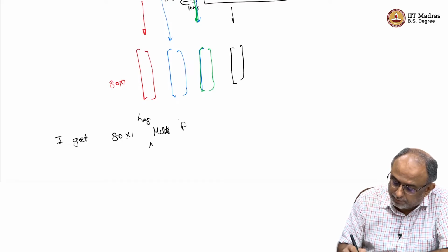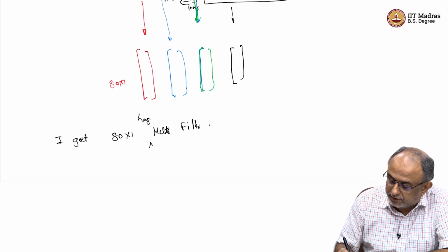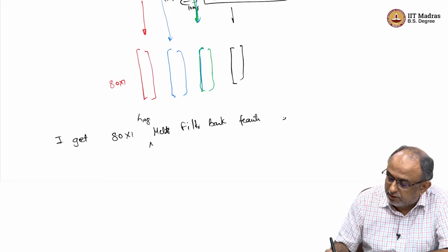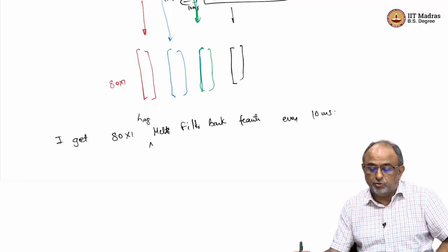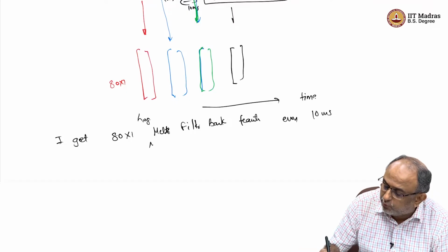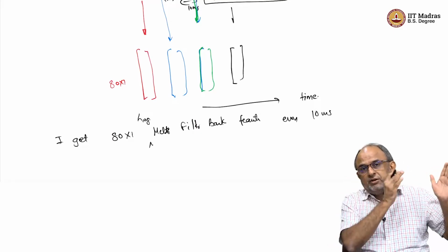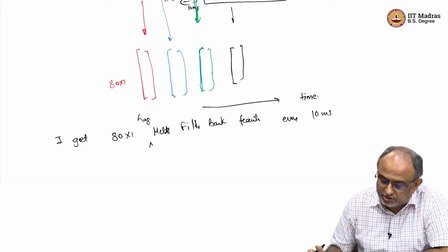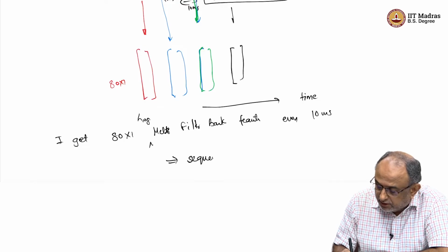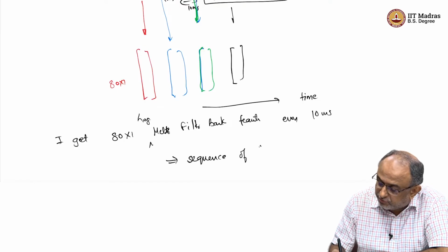Log Mel filter bank features every 10 milliseconds. That's what we are going to do. So over a long time I am going to be producing a sequence of features. This idea is very, very important.